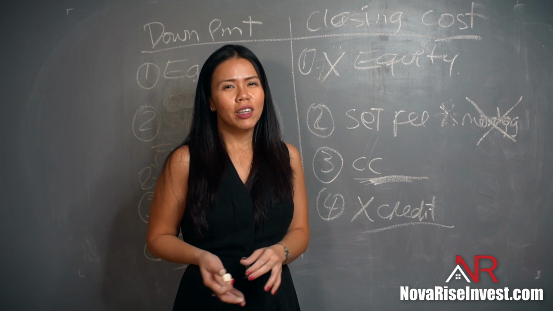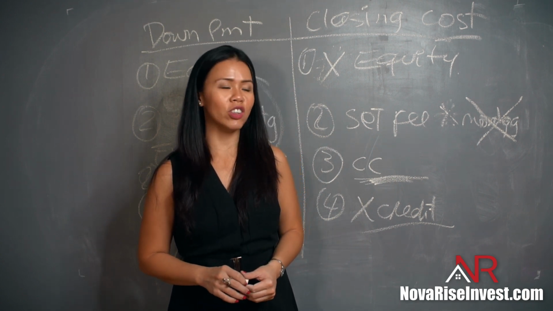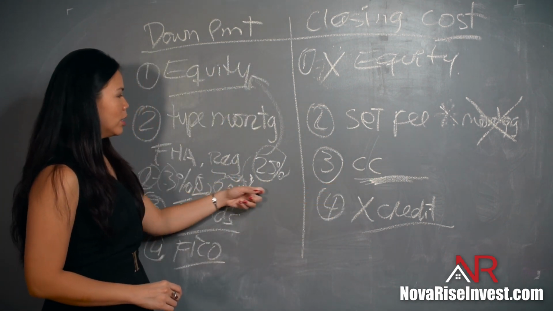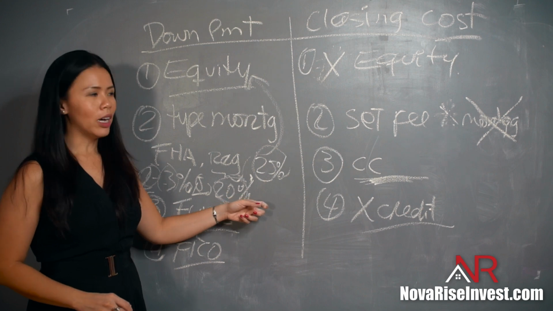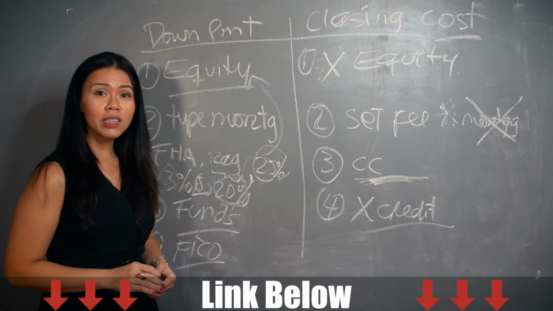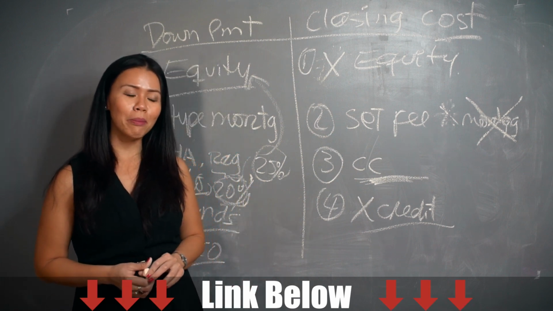And if you are a little bit more creative, like some of you who are already subscribed to the channel, you might leverage credit cards for the issuance of that down payment, as long as you have that money seasoned in your bank account. And if you have no idea what I'm talking about, there's also a link down here below so you can learn a little bit more about that.